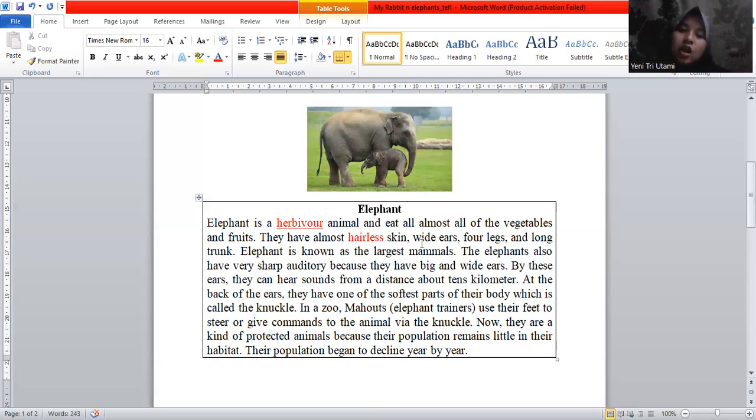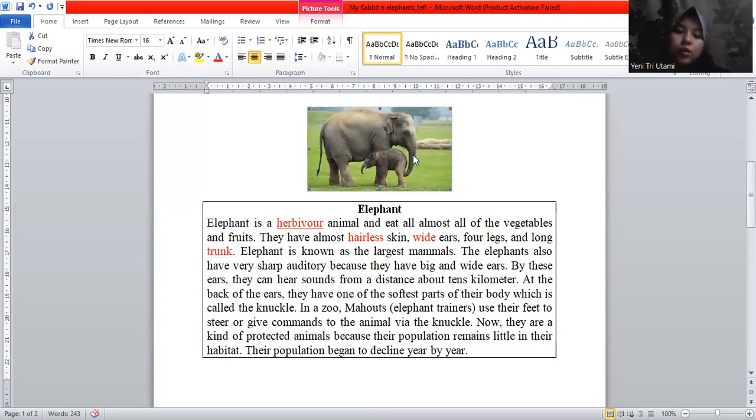And then the next is wide ears. Wide ear can be described as big, huge, and so on. Here you can see they have wide ears, four legs, and a long trunk. Do you guys know what a trunk is? In humans we have a nose, but in elephants they have a trunk. This one is called a trunk here.